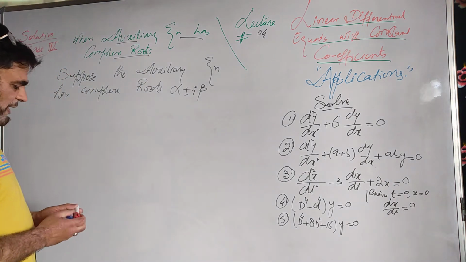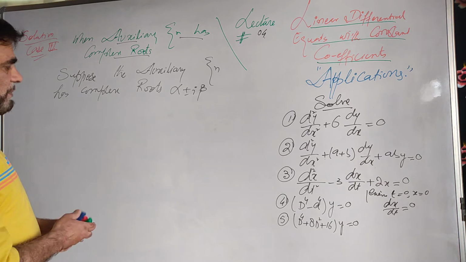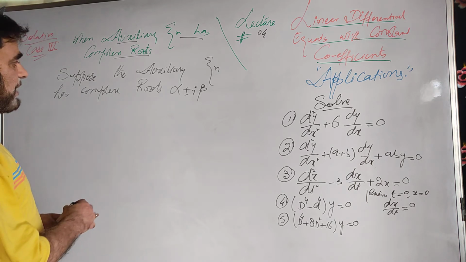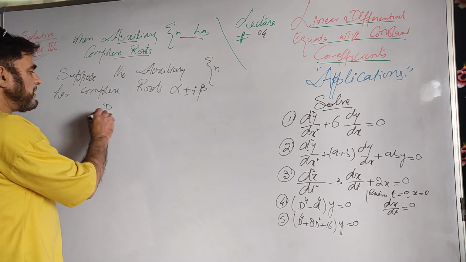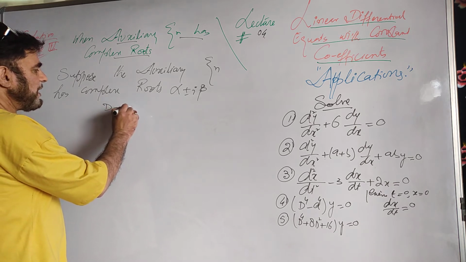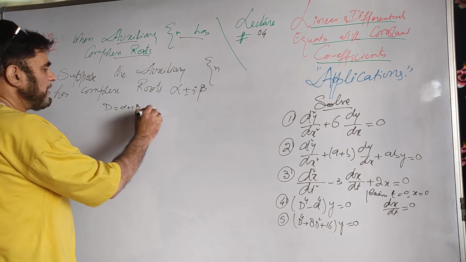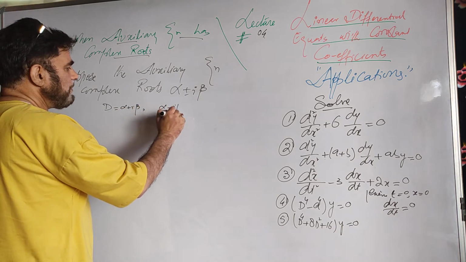So when the roots are alpha plus minus iota beta, how do we proceed? One value of D is alpha plus iota beta, and the second value is alpha minus iota beta.